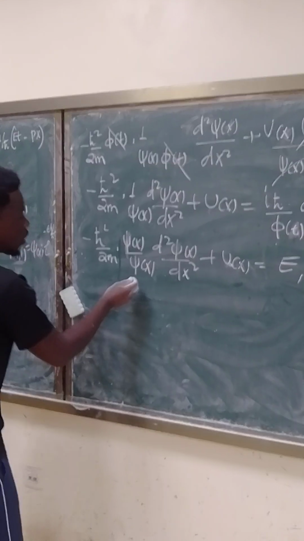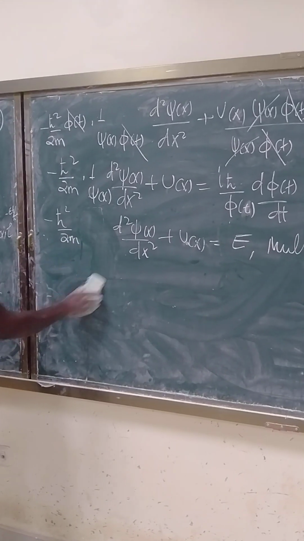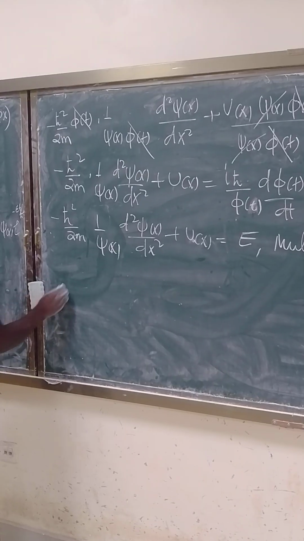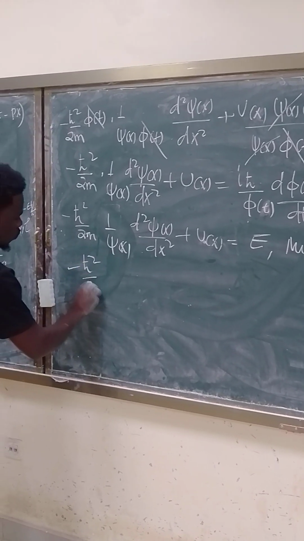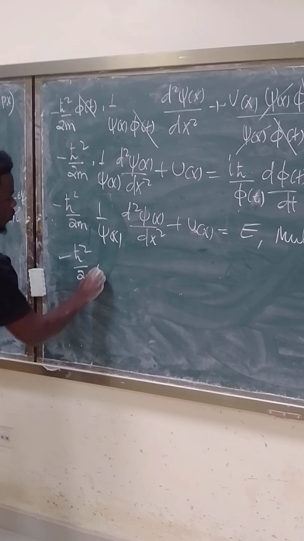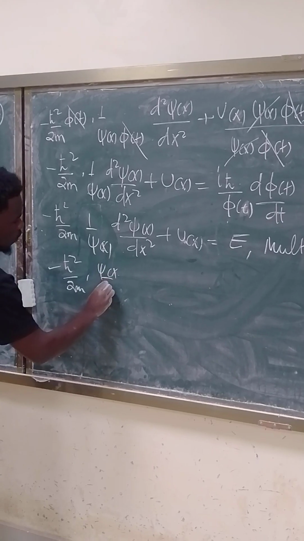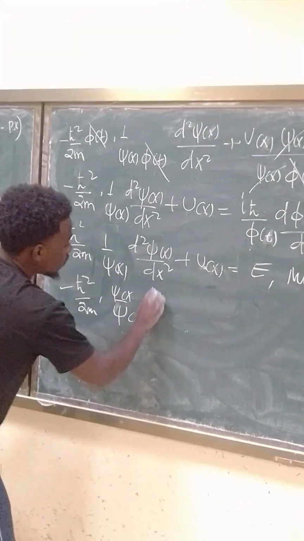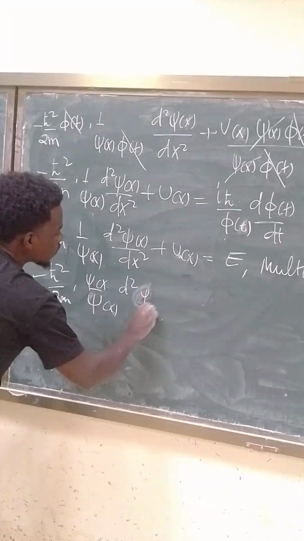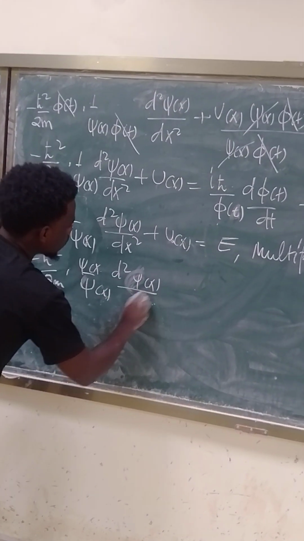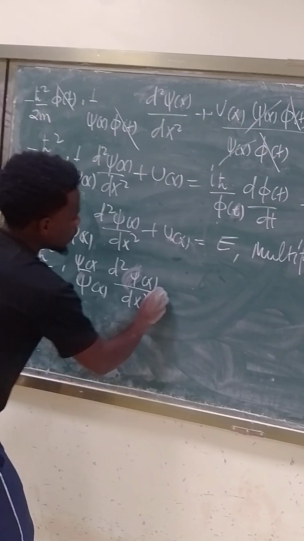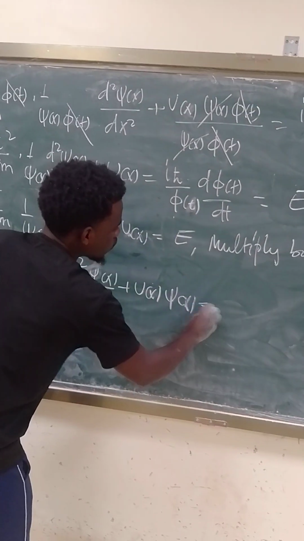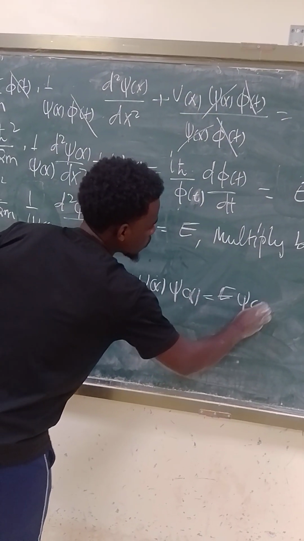It will be now this one equal to 1 over psi of x, then equal to minus ħ squared over 2m times d squared psi of x over dx squared, plus U(x) psi of x, which is equal to E psi of x.